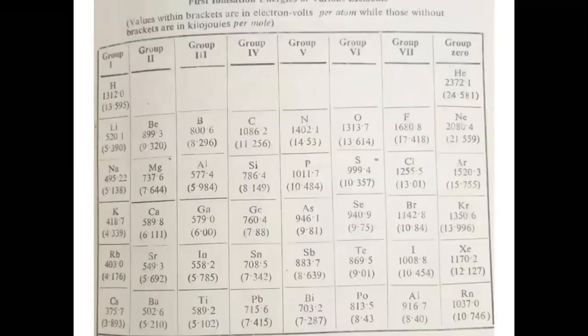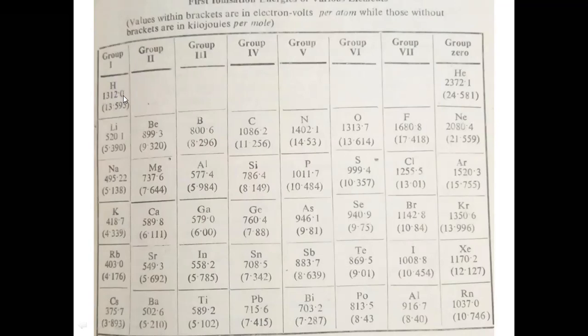Now look at this table. This table is a very important table giving a lot of information. Here, the numerical value that is given next to the symbol of the element is the ionization potential per mole.